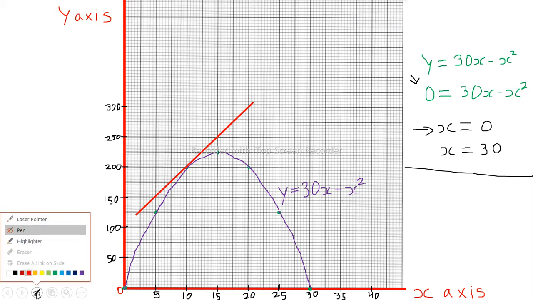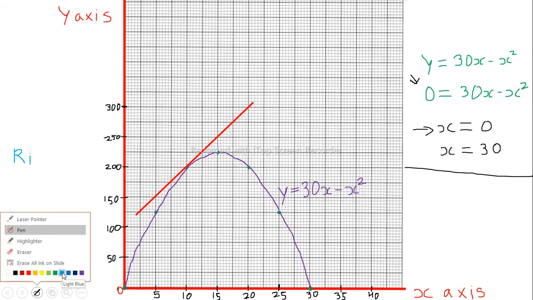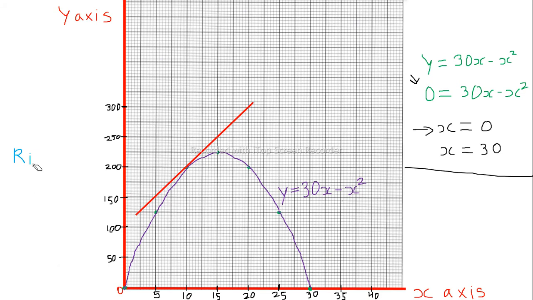I'm going to color it like so. Rise is going to be in baby blue. So this is the slope. Let me make sure that we see this clearly.